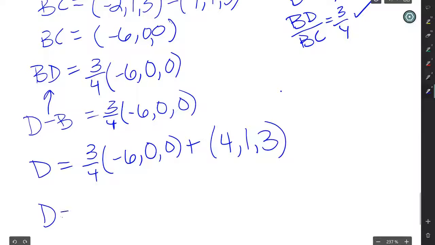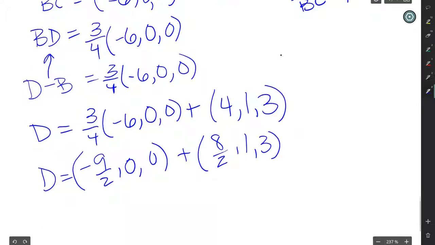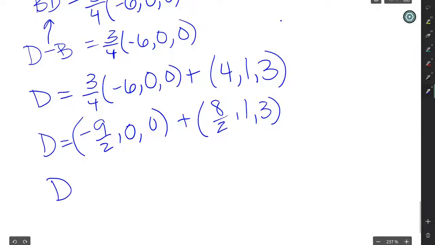So that tells me D is -9/2, 0, 0 plus, getting a common denominator, 8/2, 1, 3. Combining, I get D is located at the point -1/2, 1, 3.